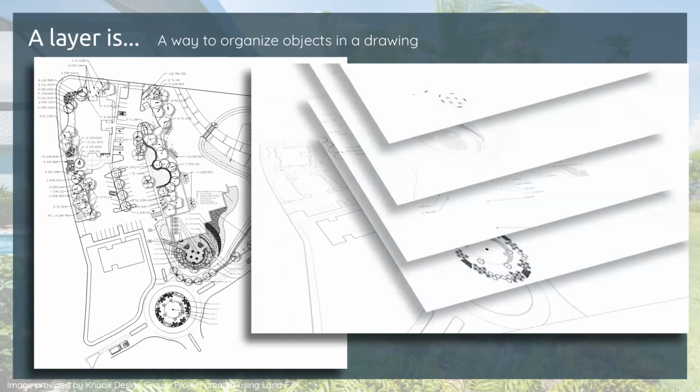You can see that we have baseline work, plants, labels, hatches and amenities. All those things really make up a plan, but we want to focus on organizing those, and how we organize them is going to help speed up our processes and how efficient we are with working.